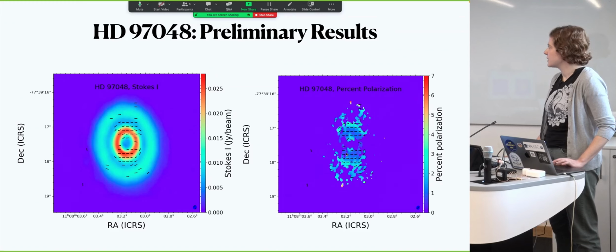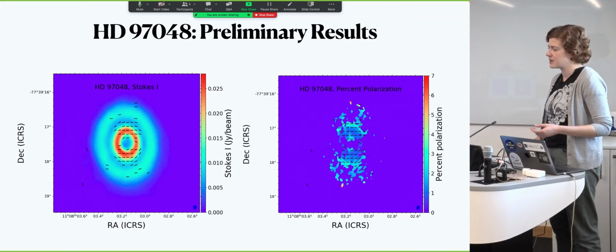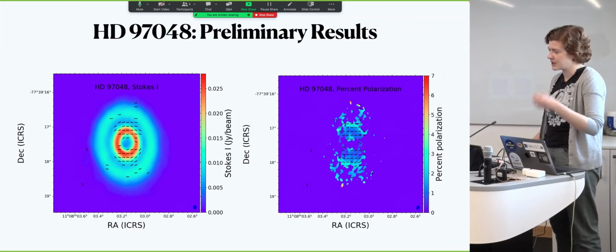You can see that in the gaps of the disk, we have a higher polarization fraction than in the rings of the disk. And that's something that was predicted both by models that have different optical depths in the rings versus the gaps, and models that have different dust grain sizes in the rings versus the gaps.